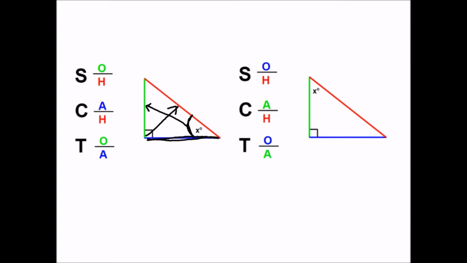But if we change the reference angle so that it's now here, the hypotenuse is still the hypotenuse, but the opposite side now becomes this blue side, and this green side becomes adjacent. So you have to be very careful with your reference angle and what's opposite and what's adjacent.